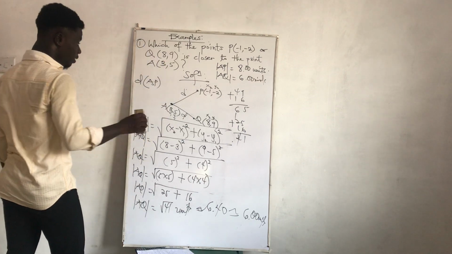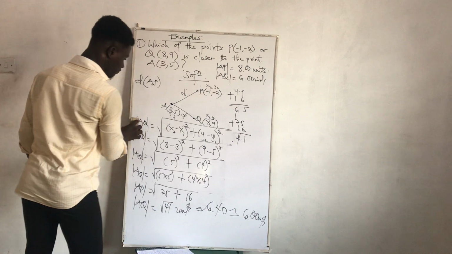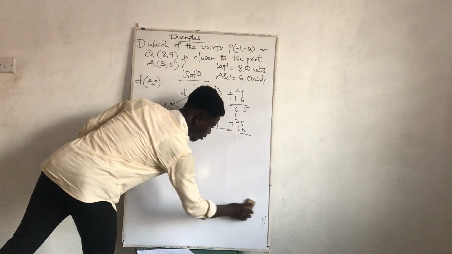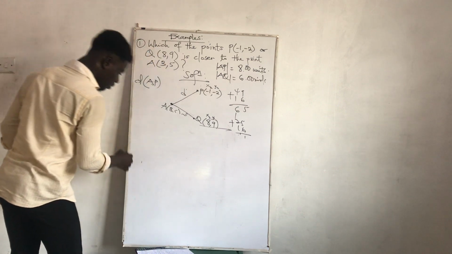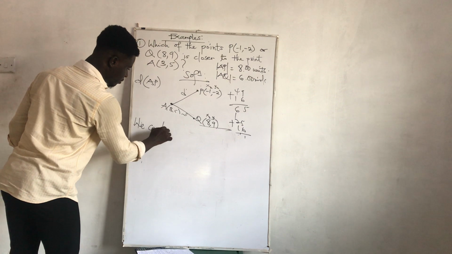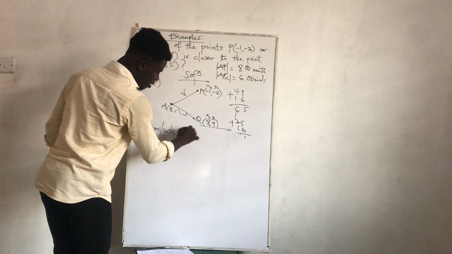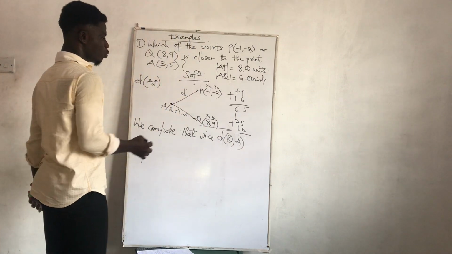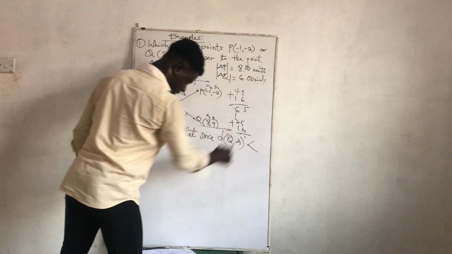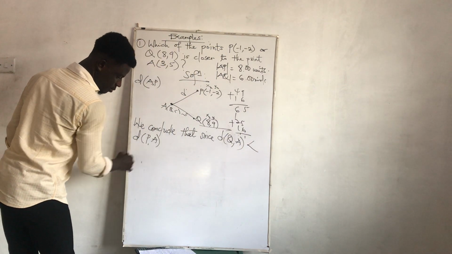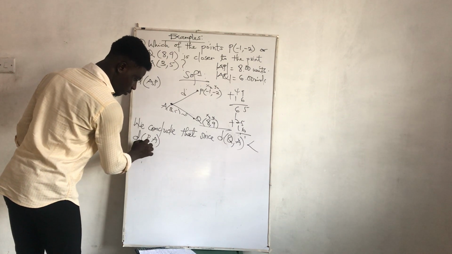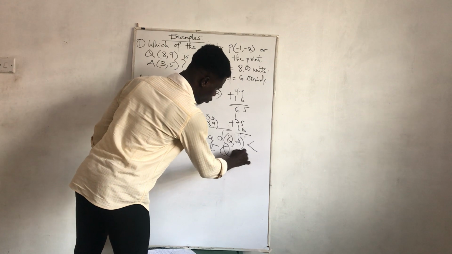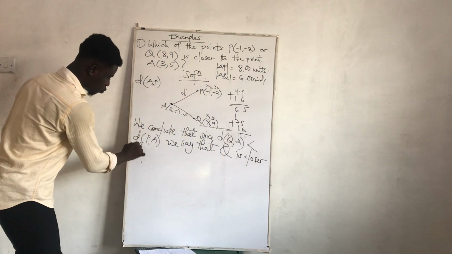We conclude that, you write, since the distance QA, or the distance between Q and A, is less than the distance between P and A, we say that Q is closer to A.